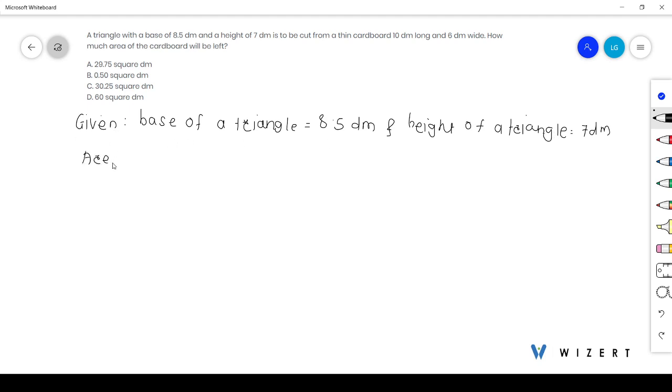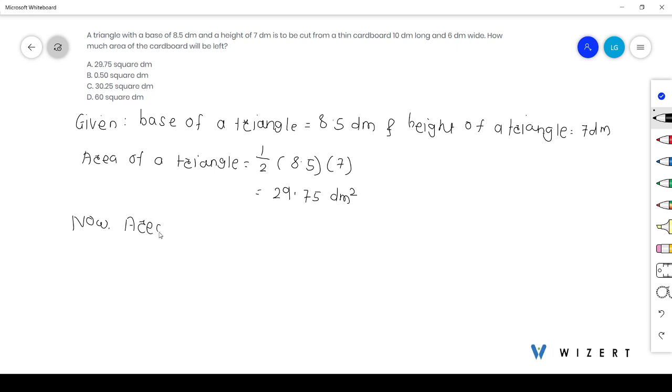Now, area of a triangle is given by 1/2 base, that is 8.5 decimeters into height is 7 decimeters. So it is 29.75 square decimeters.